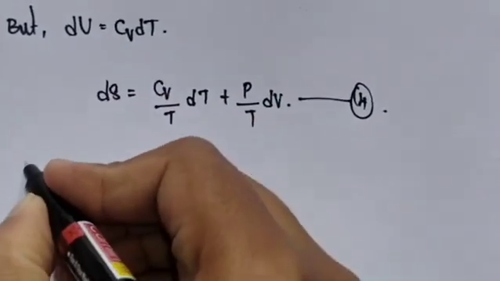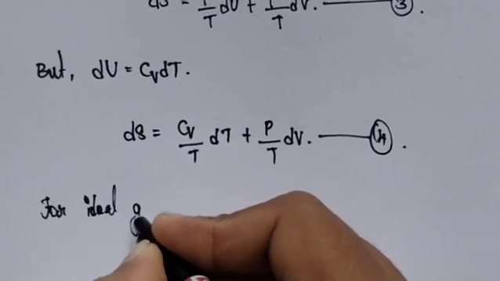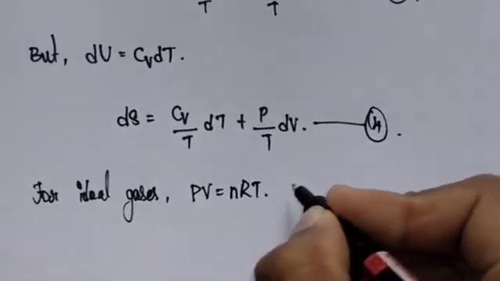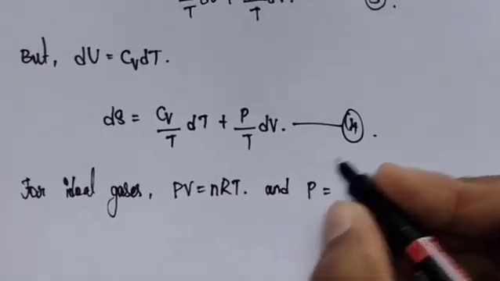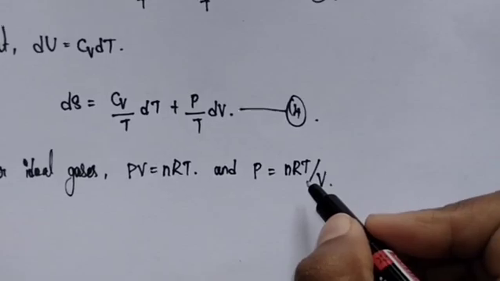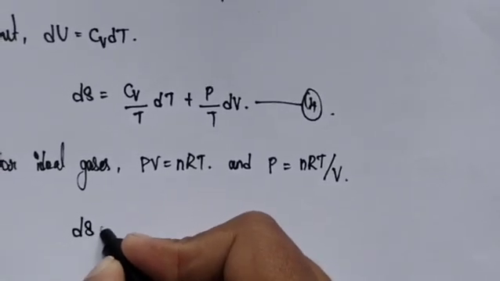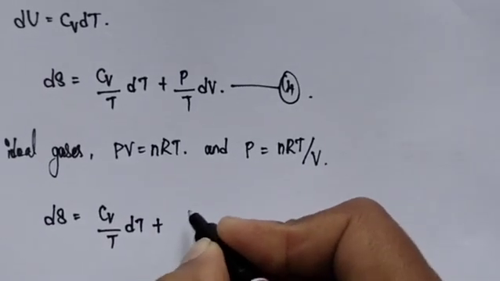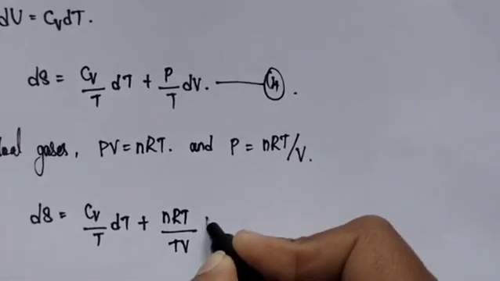We know that for ideal gases, PV is equal to nRT, and taking the value of P, V will move to the right hand side, so it will become division: P is equal to nRT divided by V. Substituting the value of P in the fourth equation, we get dS is equal to Cv by T into dT plus nRT by TV into dV.